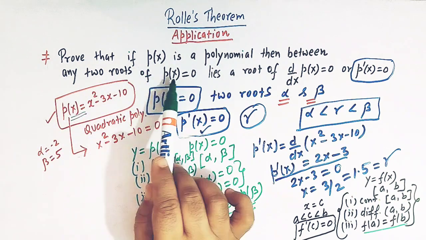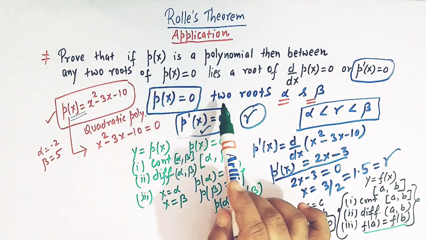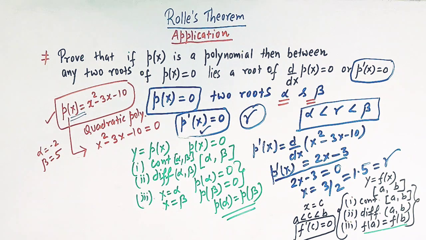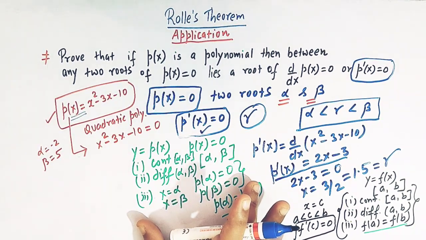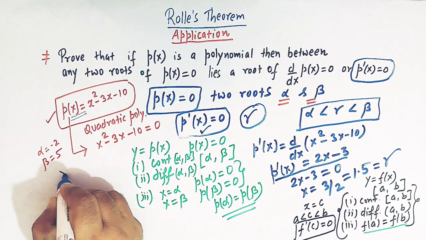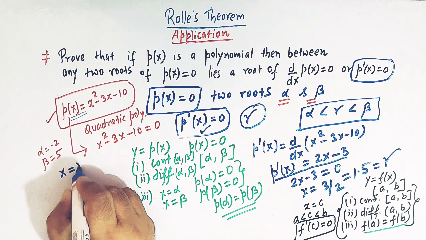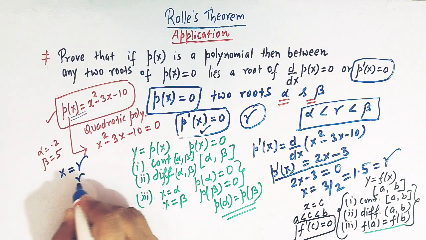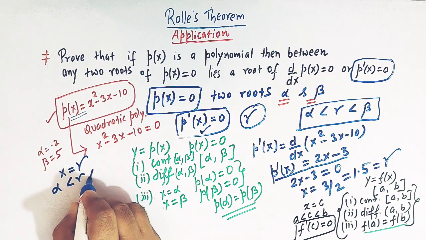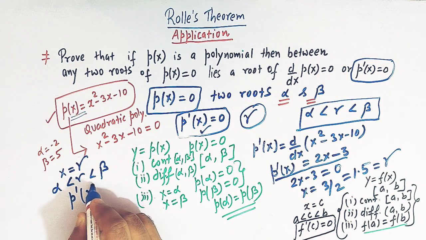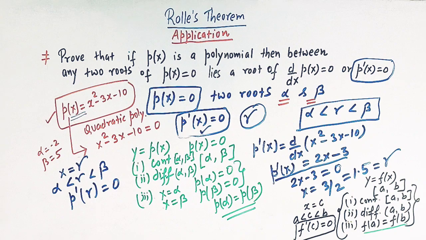And p of x is equal to 0 has two roots alpha and beta. So now Rolle's theorem says that there must exist some point, say x is equal to gamma, which lies between alpha and beta, such that p prime of gamma should be equal to 0.